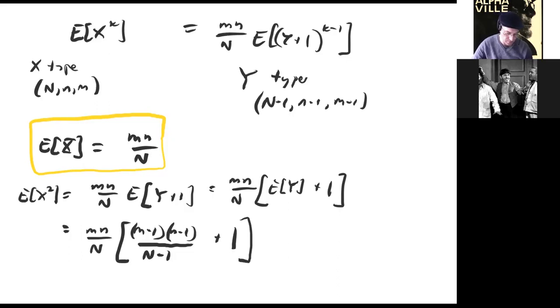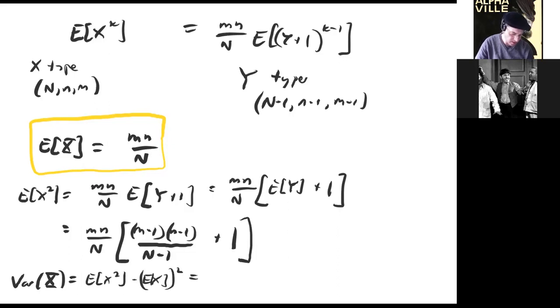Okay, so this is sort of a mess, but now we can compute the variance of X. And the variance is given by this expression we just computed minus the square of the expectation. I'm going to spare you the details. I'm just going to write the answer.